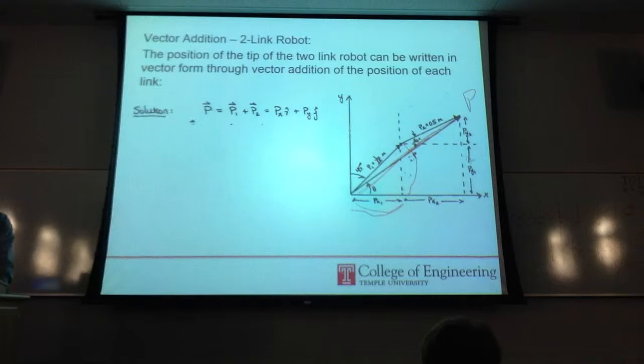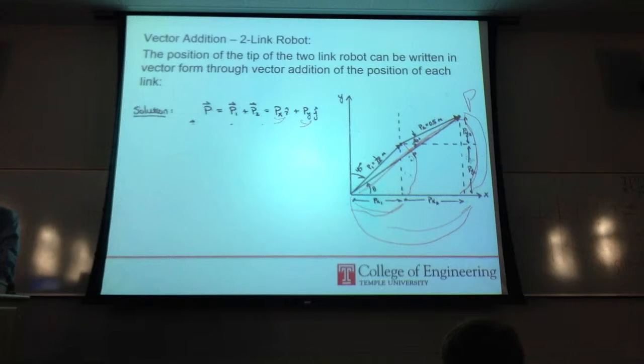Okay? We are describing point P as the x and the y coordinate. This is the px right here times unit vector I, and this is py right here times unit vector j. Right?